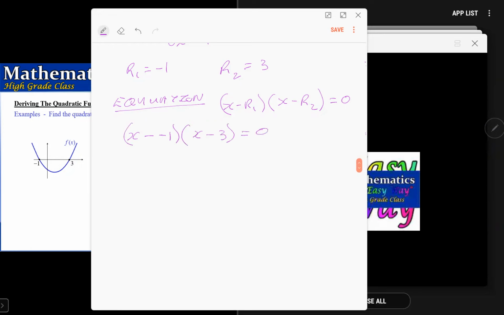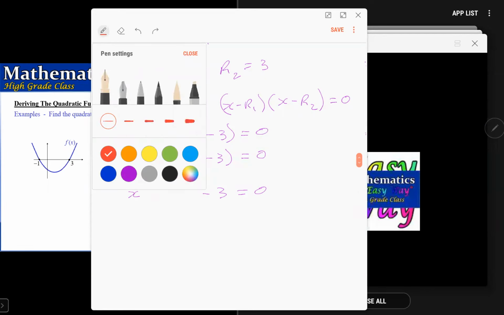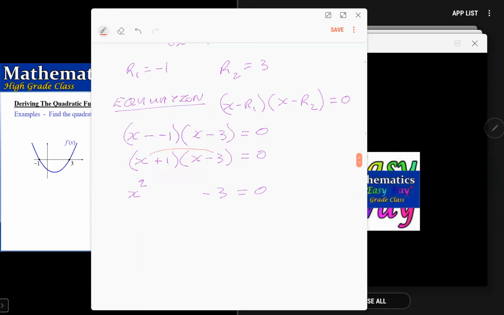The minus minus is plus, so it will be x plus 1 times x minus 3 equals 0. And then we need to expand this now to get it out in the standard form. So it will be the x times the x first, remember, which is x squared. Then the third term is 1 times minus 3, so it's minus 3 out here equals 0. And then the middle term, remember now, is the sum of the far product and the near product.